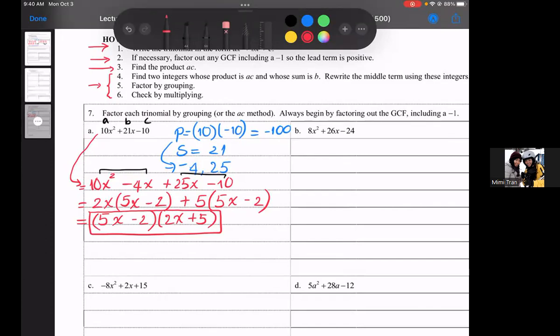They're all even numbers, so the greatest common factor they have is 2. Factor out the 2 first. There's a common factor.